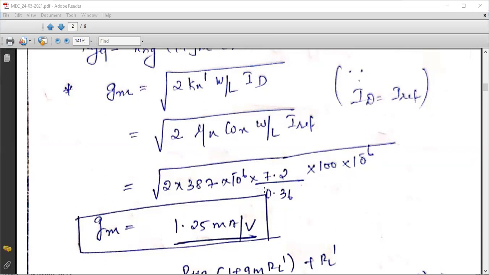After that, if you solve, you will get the answer in ampere per volt, but that will be a very small answer, so you have to convert into milliampere per volt.